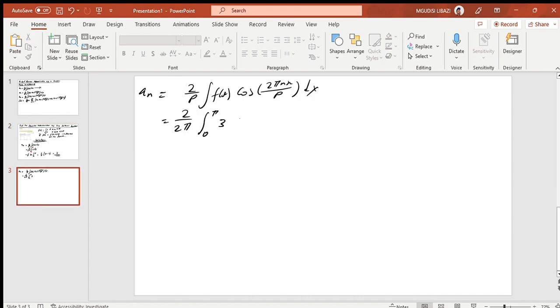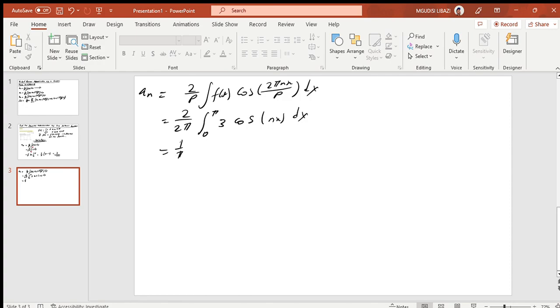So I'm going to have 3, and then cosine. If I substitute the period, the 2 pi will cancel the 2 pi there, and I'm just left with nx, multiplied by the dx. So now I can say 1 over pi, and then I integrate that.